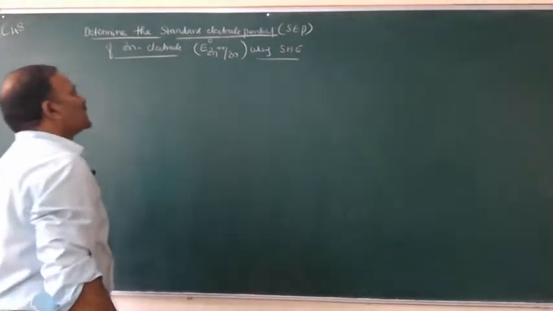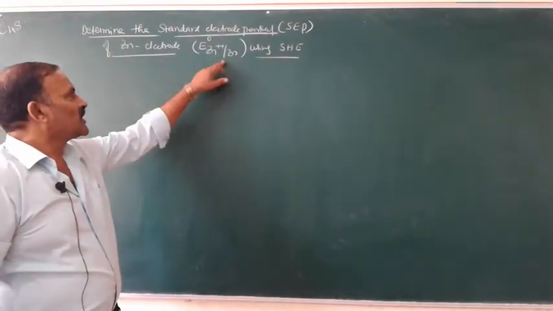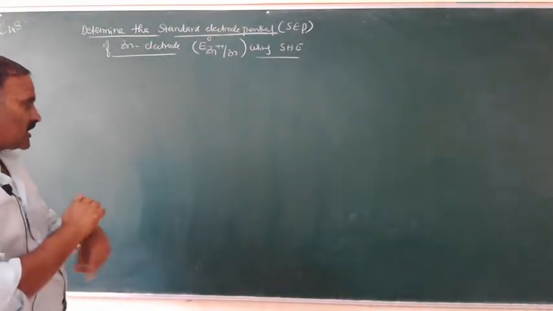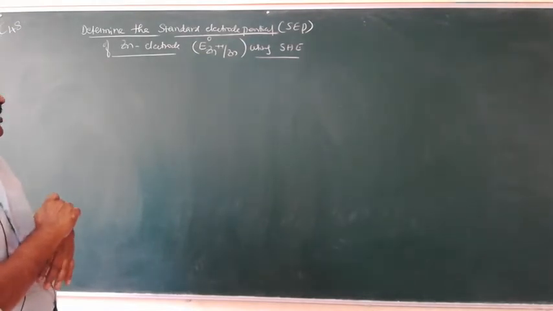That is E naught of Zn2+ bar Zn, using SHE. This is the standard zinc electrode using SHE.